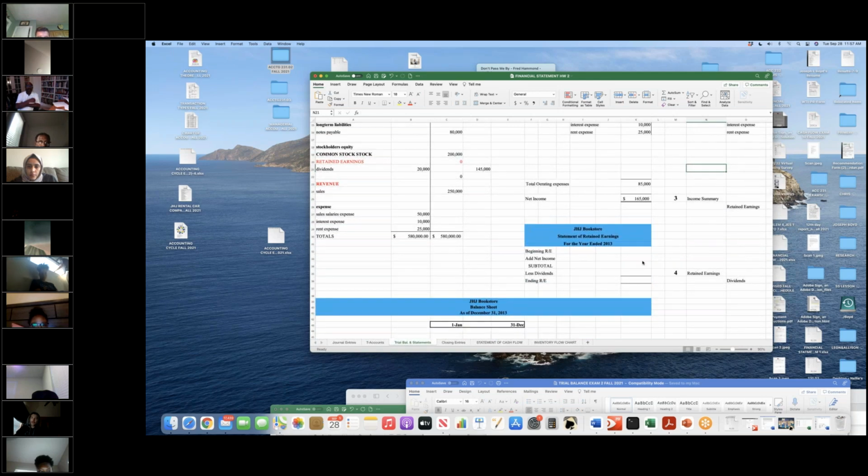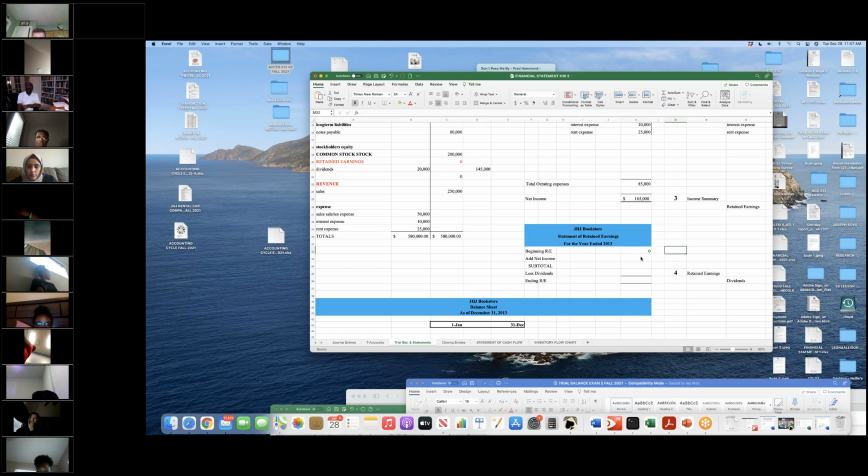What is the purpose of the statement of retained earnings? Find the income. How you gonna do it? And we know we got a new company, so this is 0, right?